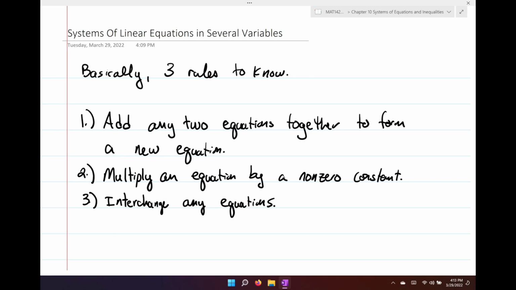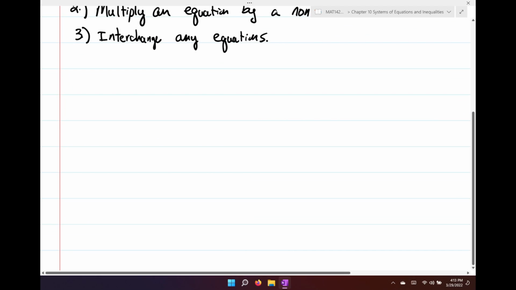So what I have here is a very simple system: x minus 2y plus 3z equals 1, x plus 2y minus z equals 13, and then 3x plus 2y minus 5z equals 3. Okay?